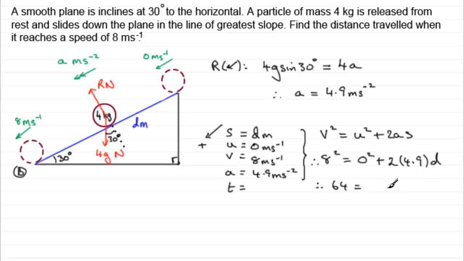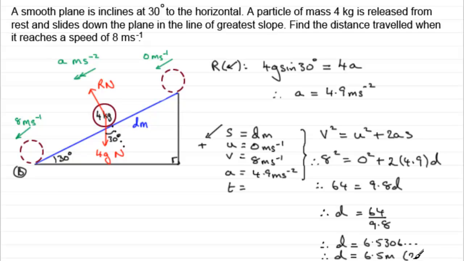We've got 2 times 4.9d, that's 9.8d. And if we divide both sides by 9.8, we've got 64 over 9.8. And believe it or not, that obviously comes to what we had before, 6.5306 and so on. Okay, which when rounded gives us that therefore d equals 6.5 meters back again to two significant figures.